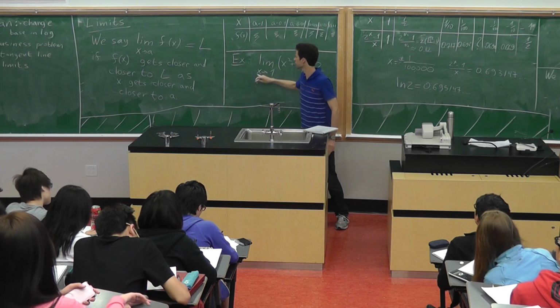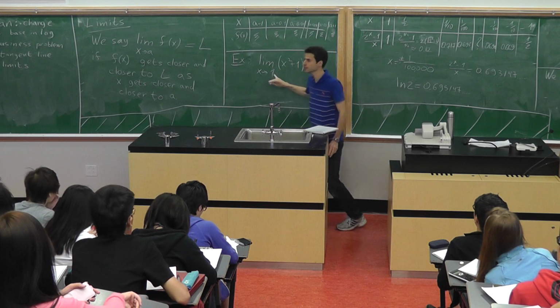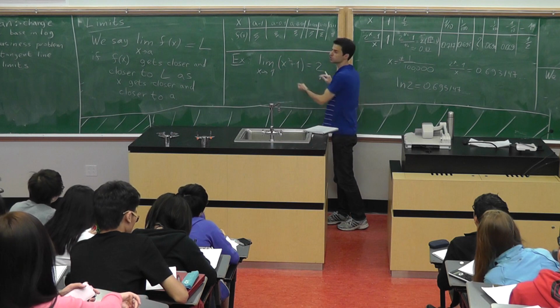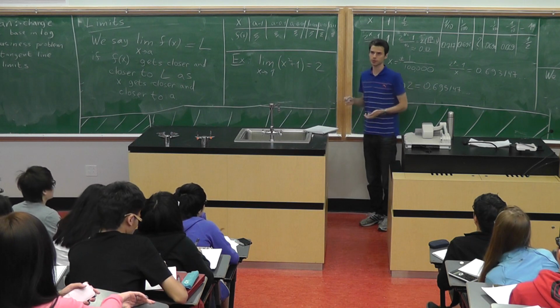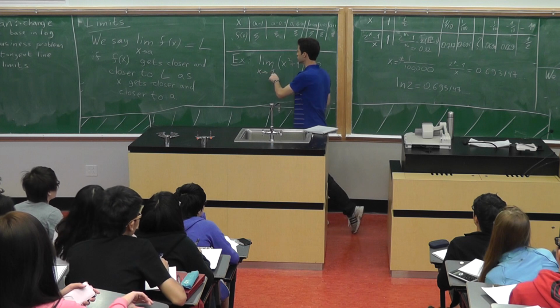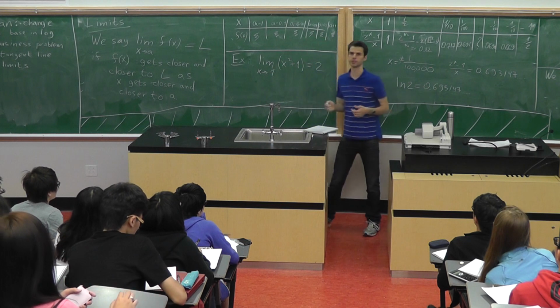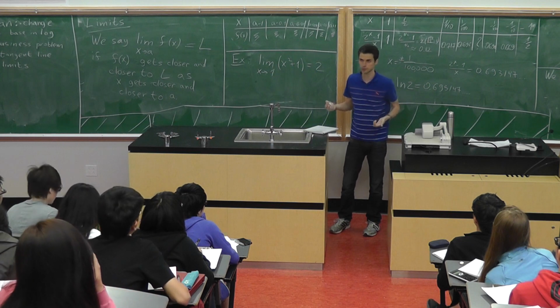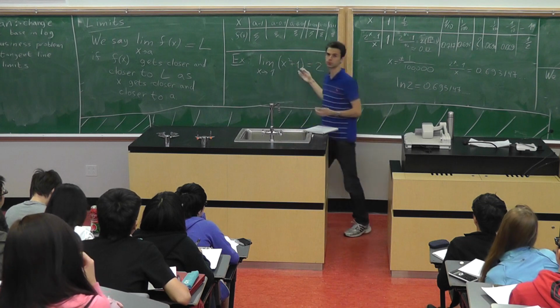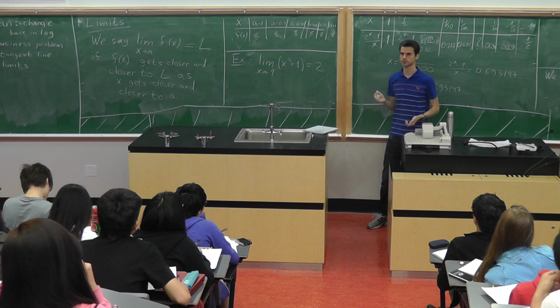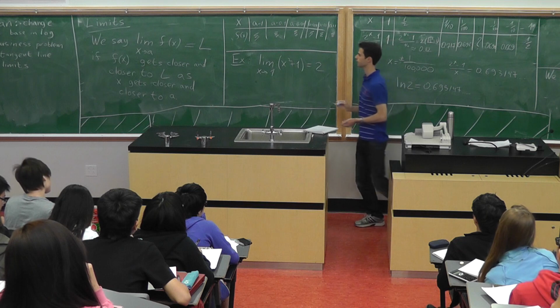We should check that when x is close to being 1, the value of this expression is close to 2. Well, of course it is. When x is close to 1, x squared is close to being 1 squared, which is 1, then x squared plus 1 is close to being 2. So no problems in this example.